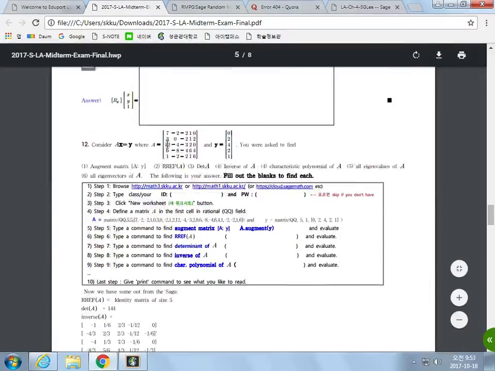And for example in here I asked you to suppose I give you a large size matrix like this, then I may ask you how to find the augmented matrix, how to find the determinant of the matrix and inverse of matrix and characteristic polynomial of a given matrix and all eigenvalues of matrix and all eigenvectors corresponding to each eigenvalue.